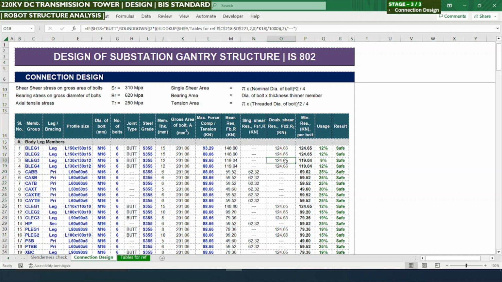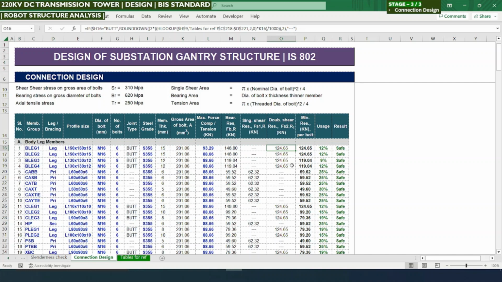Because the bracing will have a one directional force, so the resultant shear will be in one direction, and we need to consider only single shear resistance. And in case of a butt joint, there is a two-way shear because we are going to make the splice connection on both sides.